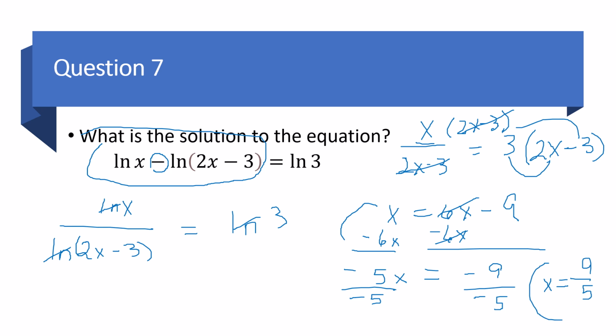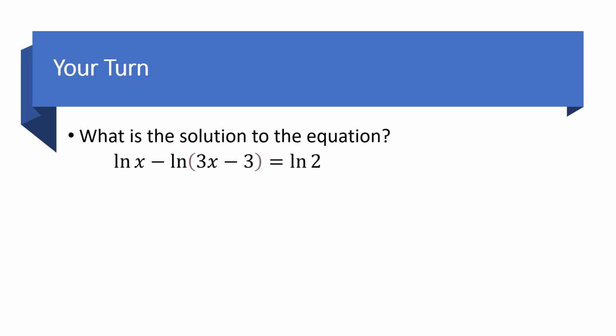Again, a lot of this is about going back to your logarithmic properties. So make sure you have your notes with you. Let's just go through another one for practice. Again, we have the same base. So we have subtraction. Subtraction indicates division. So I'm going to go ahead and pull the natural log out in front of both of those, just to skip a step in simplifying.